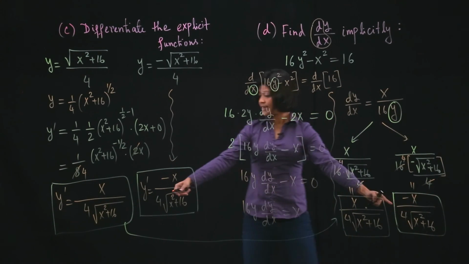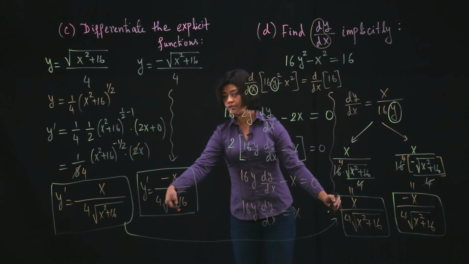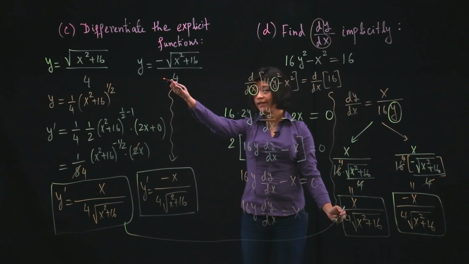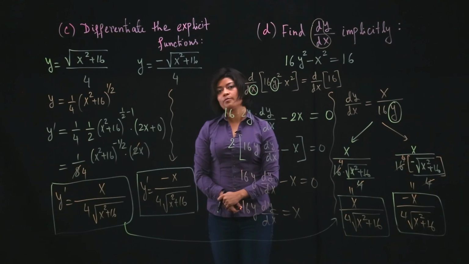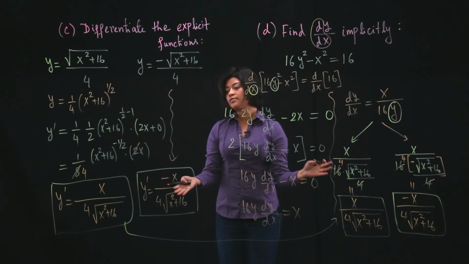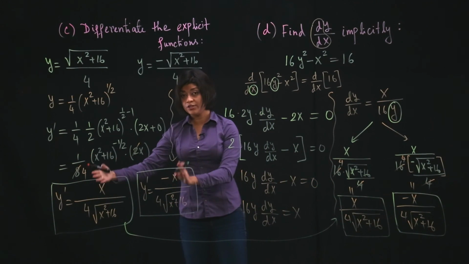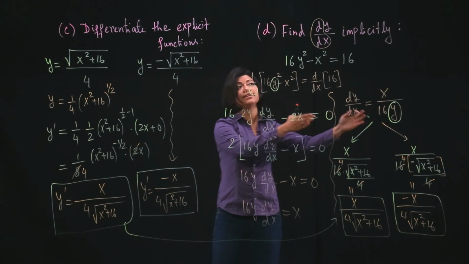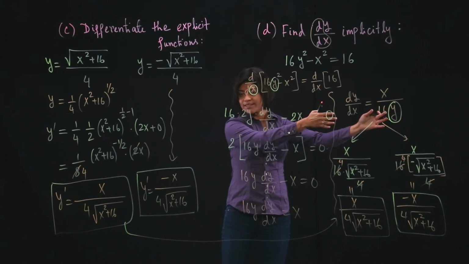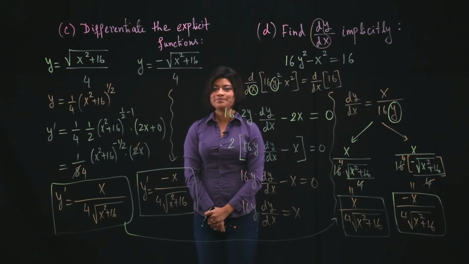And again, that's exactly what we achieved here as the derivative of y from the second explicit form. So we checked our result. Both derivatives that we got from the explicit forms and the one that we got from the implicit form are the same. Thank you.